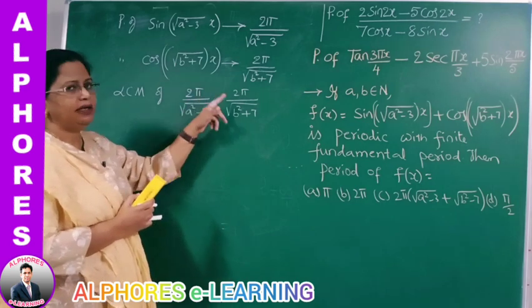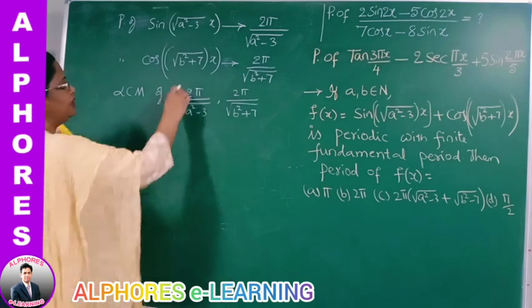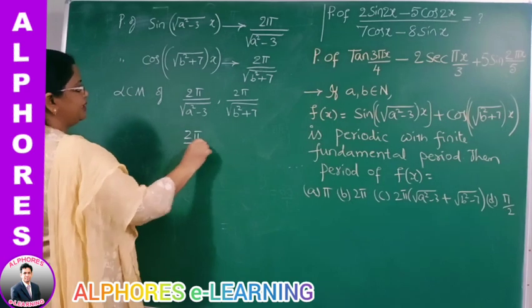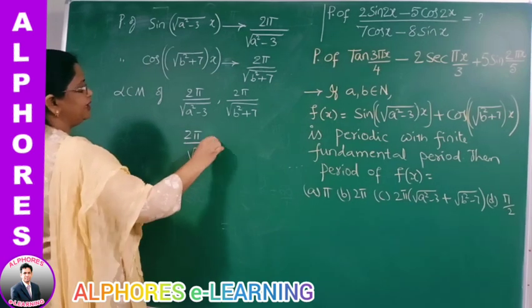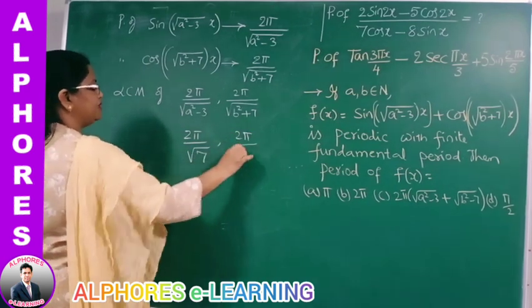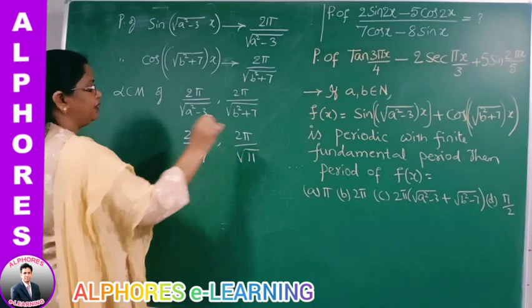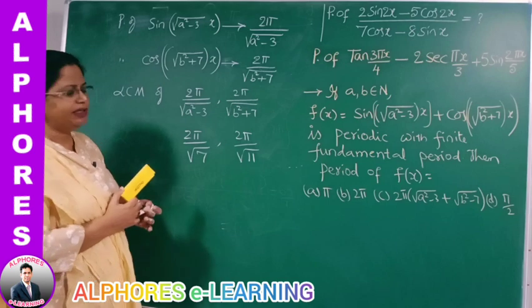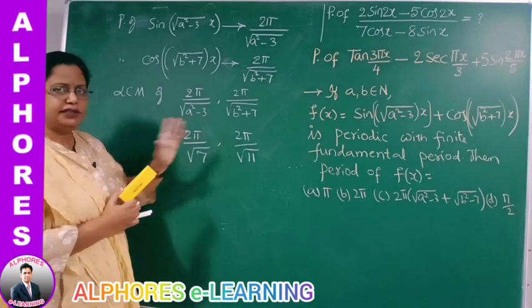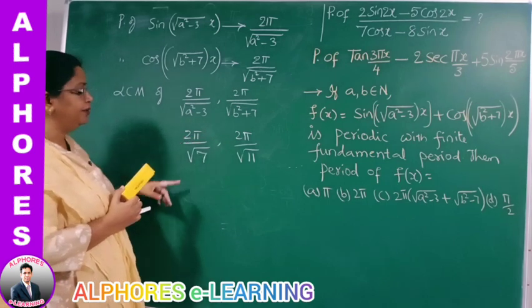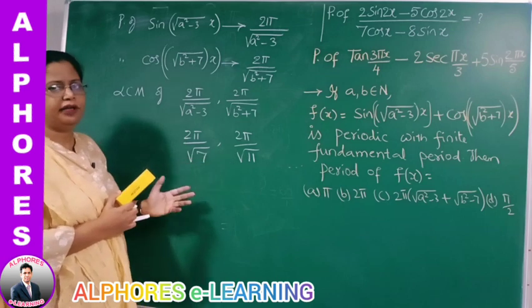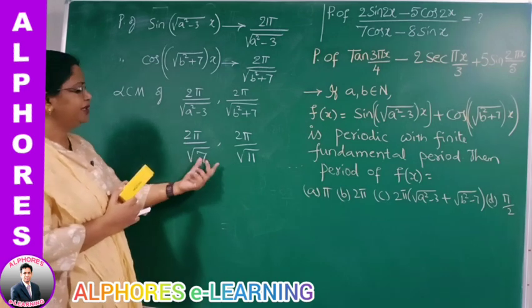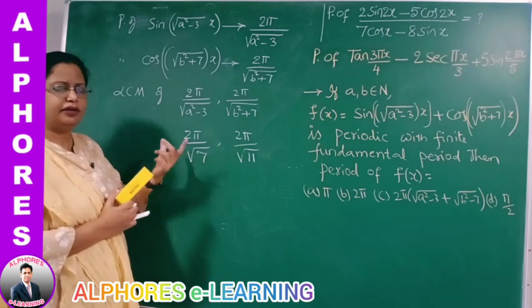But when they are unlike surds, say the denominator gives root 7 and the other gives root 11, then what about the LCM of these two? Maybe the 2 pi is the same, that means like value, whereas root 7 and root 11 are unlike surds. That means the LCM does not exist.